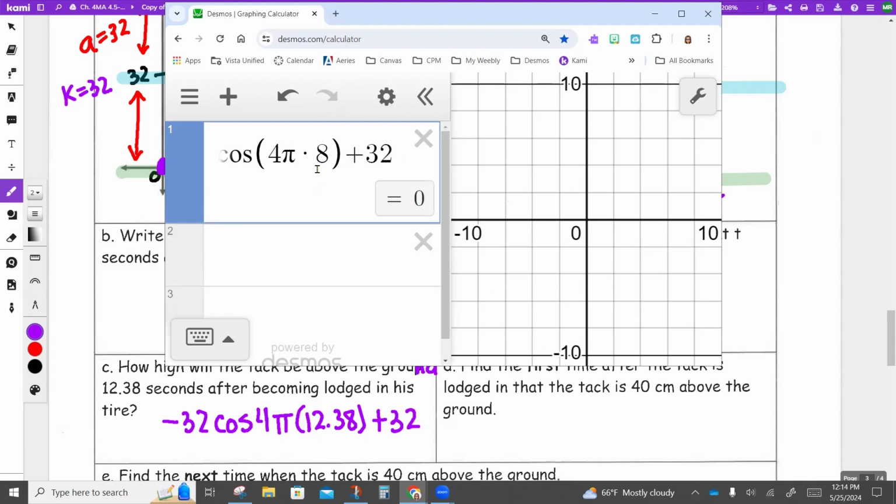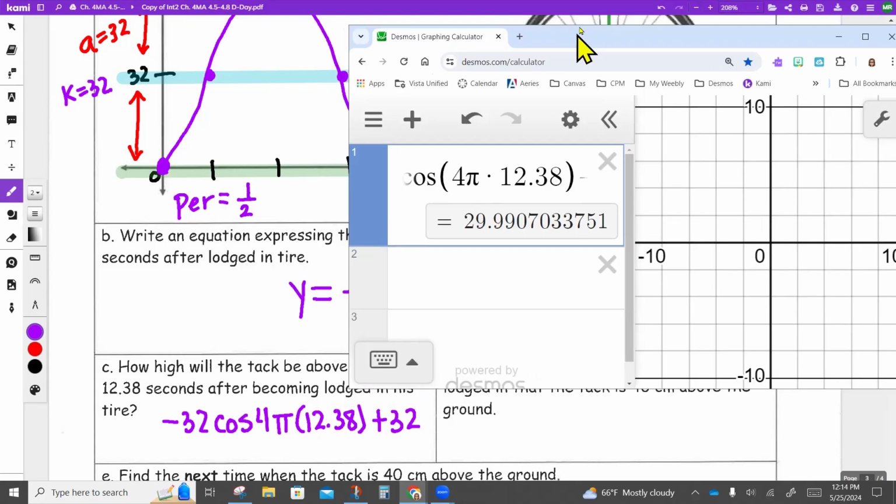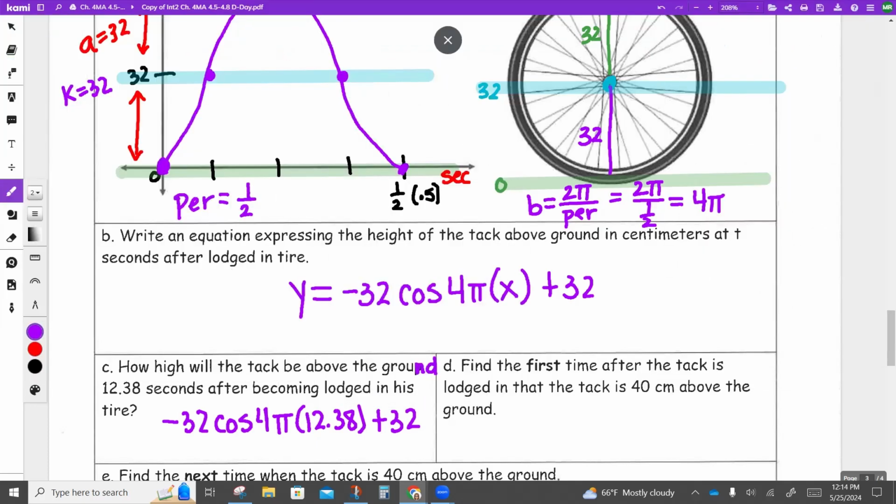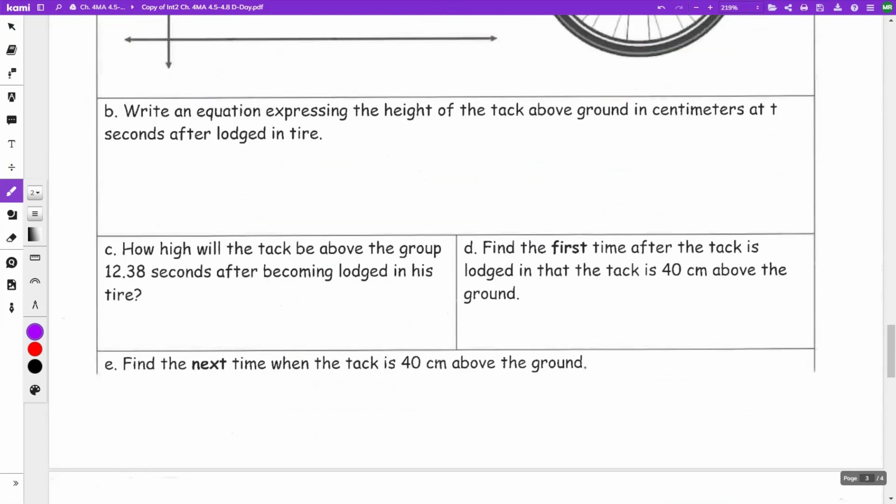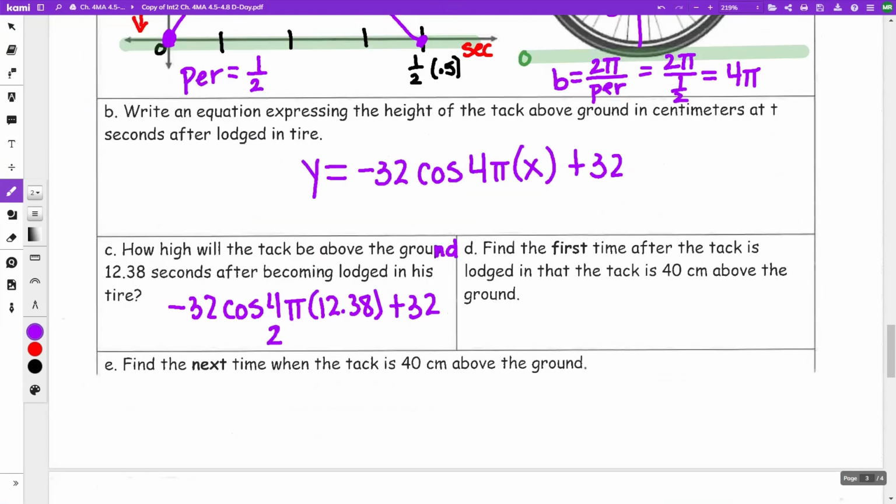And sorry, it wasn't 8. I don't know why I put 8. It was 12.38. I apologize. And that's going to be 29.99.